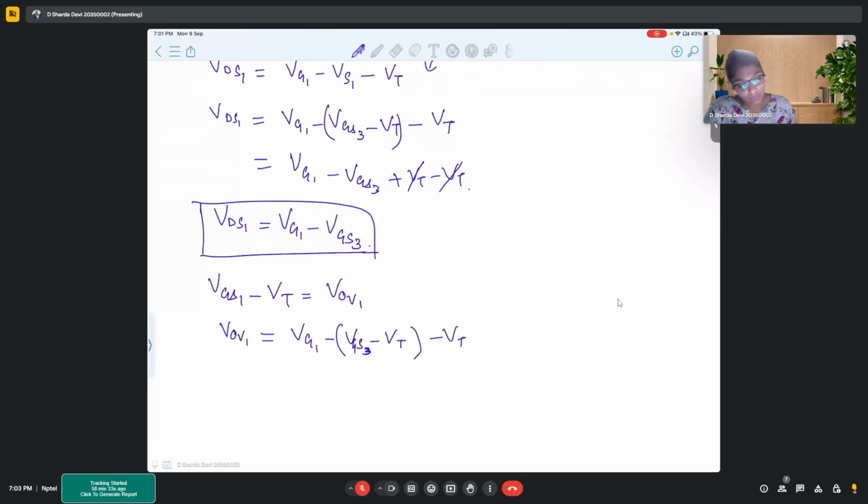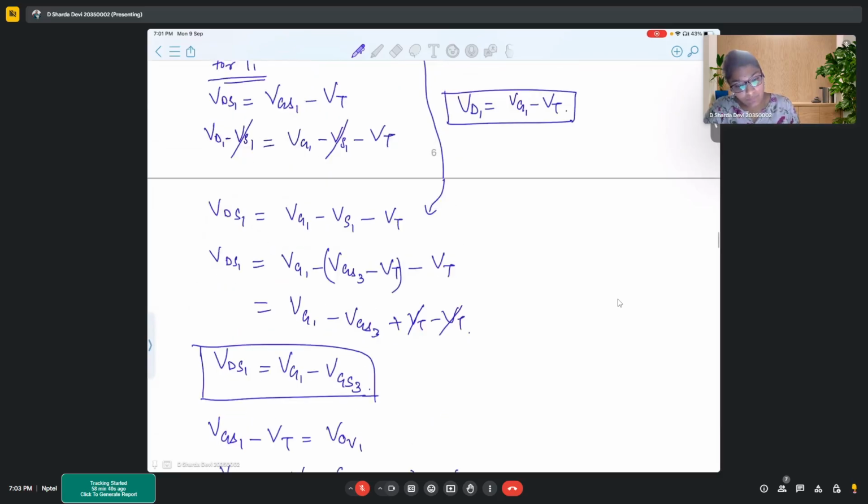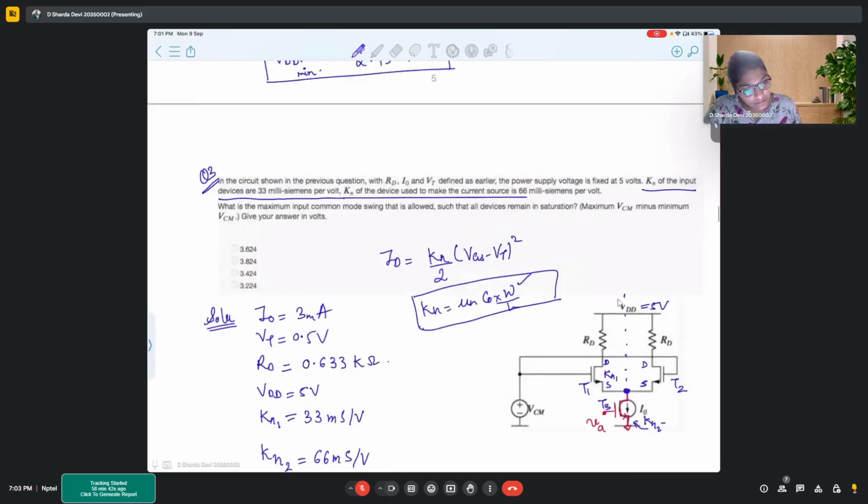Ma'am, I have a doubt. Why aren't we considering VG1 as VCM like we did for the previous question? Here it is mentioned that RD, I0, and VT can be used as defined earlier, but it is never mentioned that you can use the VCM, right?